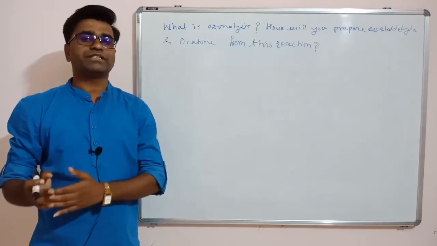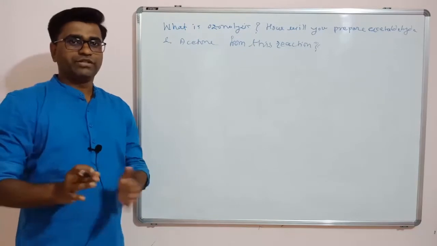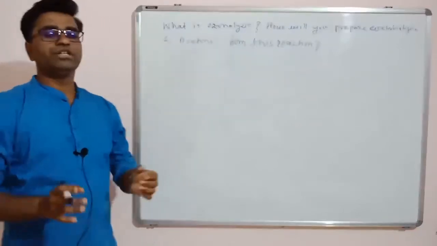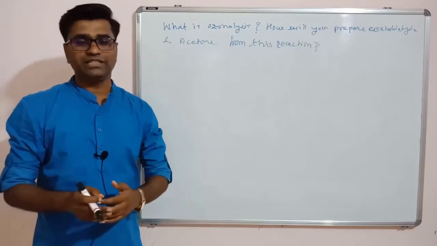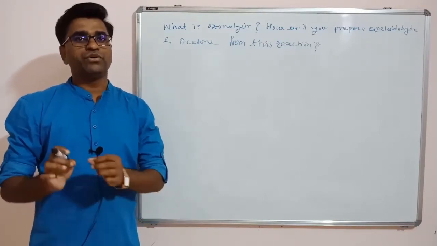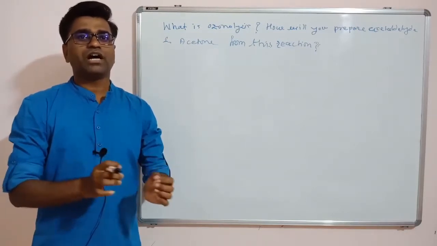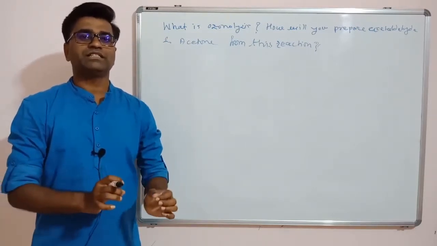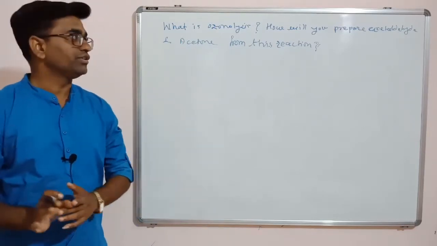So you have to write that definition. It's an oxidative cleavage reaction of the alkenes in presence of ozone and zinc to give carbonyl compounds like aldehydes or ketones. That is called ozonolysis.